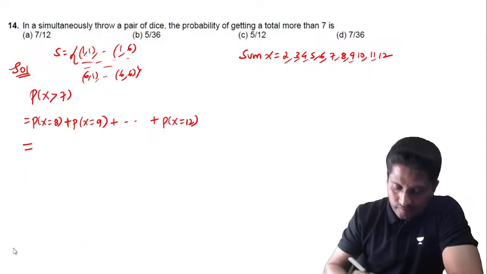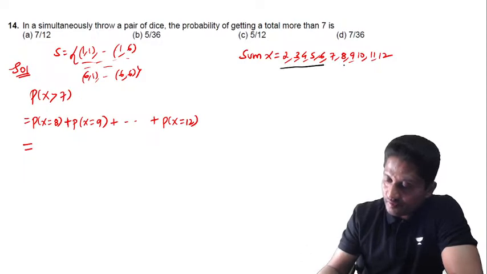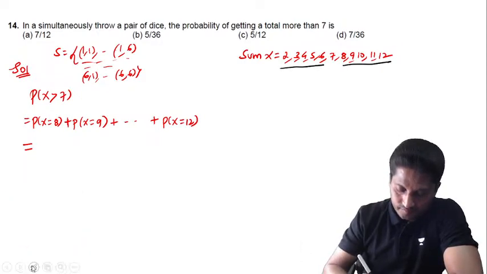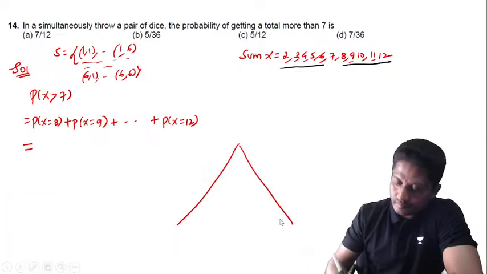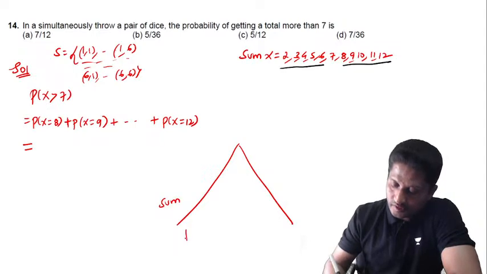Now 5 on the left, 5 on the right, the middle term is the 7th term only. So this will be the sum, and this is the probability.